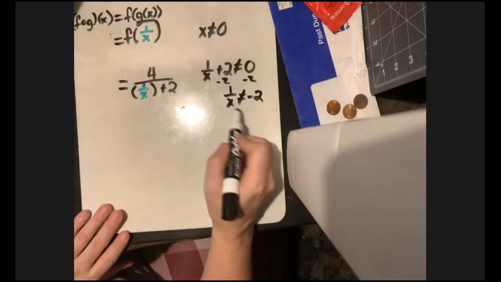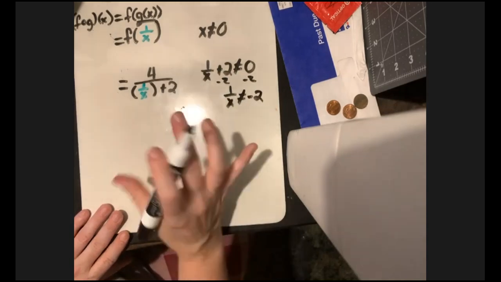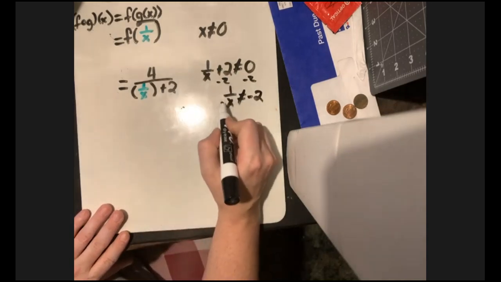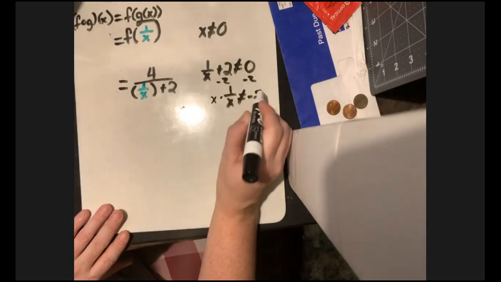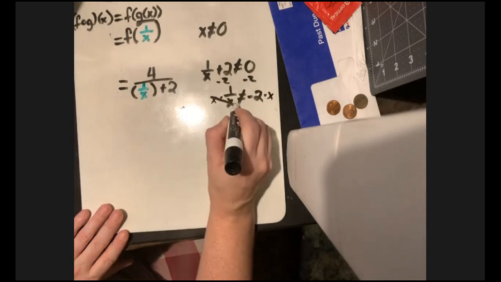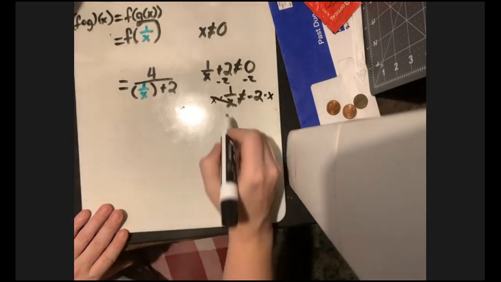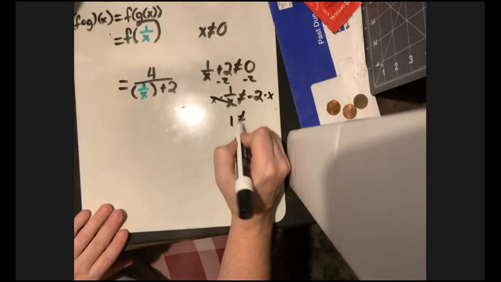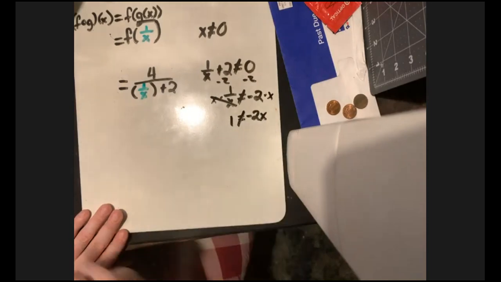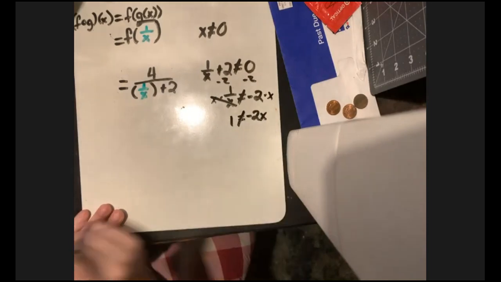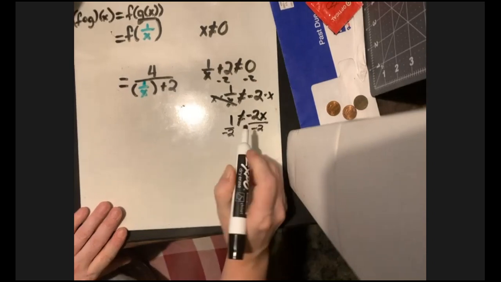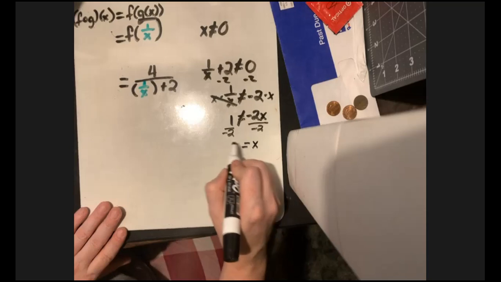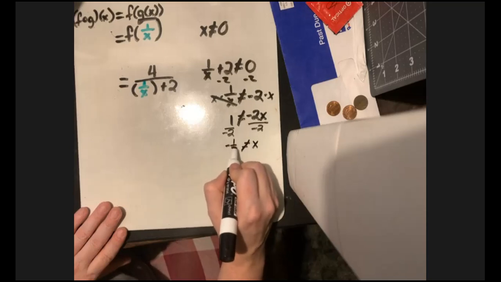Now, this is where some students will get a little confused. The x right now is tied up under here, so I need to get that away. So I'm going to multiply by x on both sides so that I can cancel that part off. Now I've got 1 cannot be negative 2x, and then I can finish by dividing off the negative 2. So now I have x can't be negative 1/2.